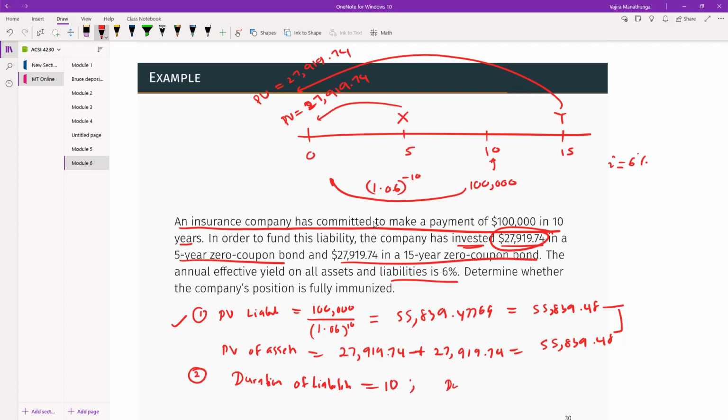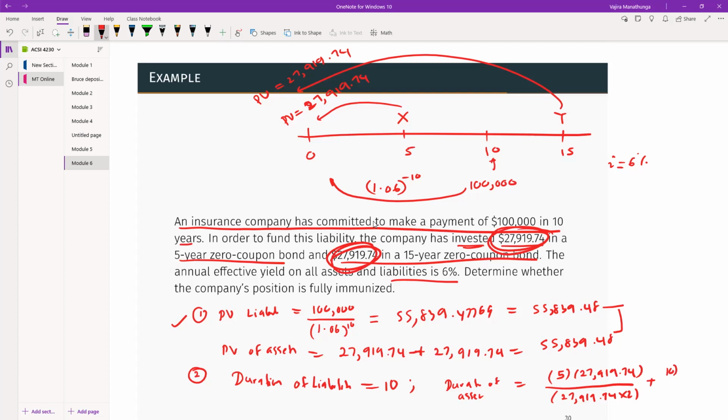And the duration of assets, so you have for the 5-year zero coupon bond, it's 5, and then you invest 27,019.74, and the total portfolio value for the assets is 27,019.74 times 2 because you have two of those. So this one and then this one.